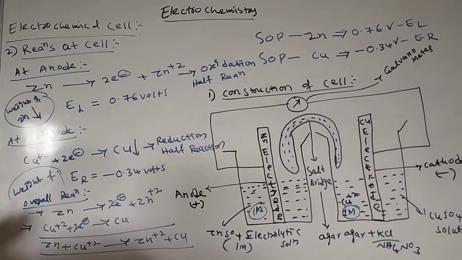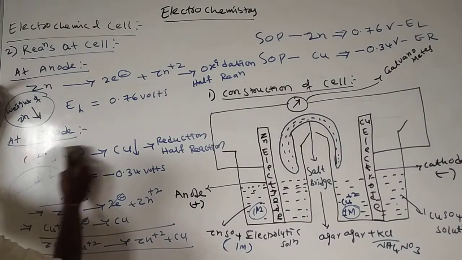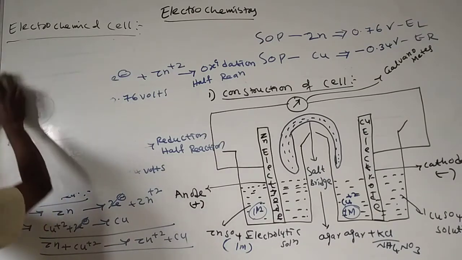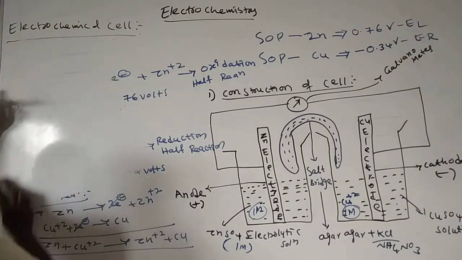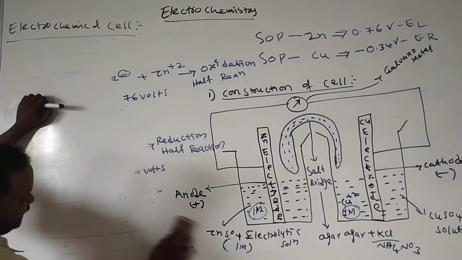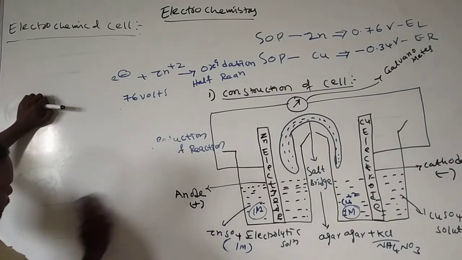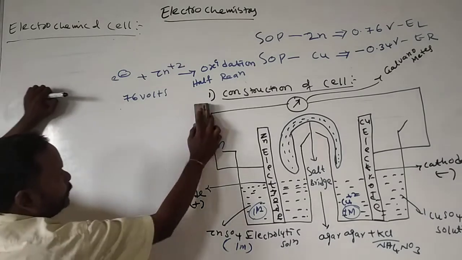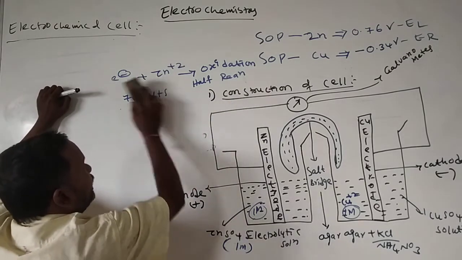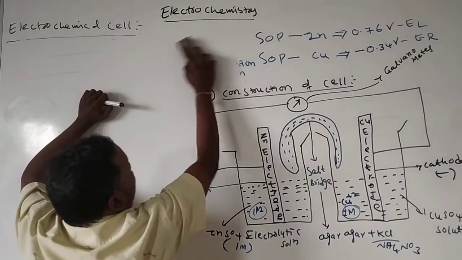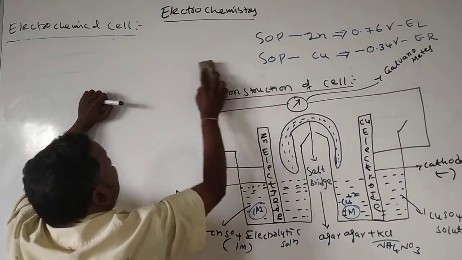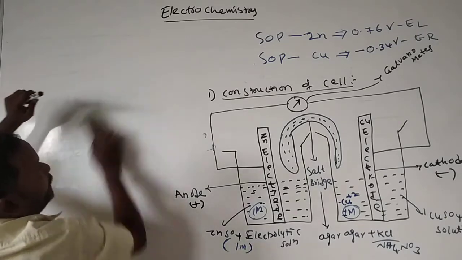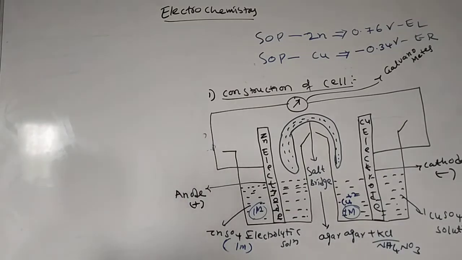We will see here the calculation of EMF, electromotive force. Electromotive force means the total potential which is exerted at the 2 electrodes in a cell, we call as EMF.